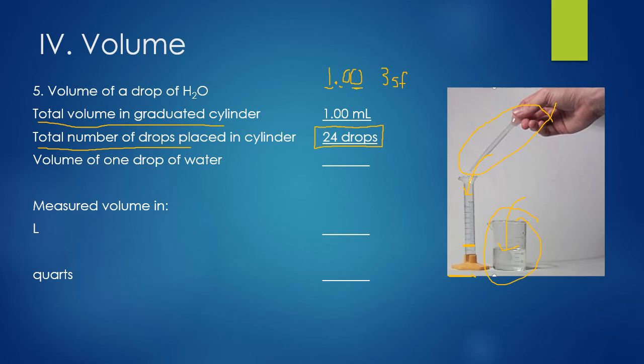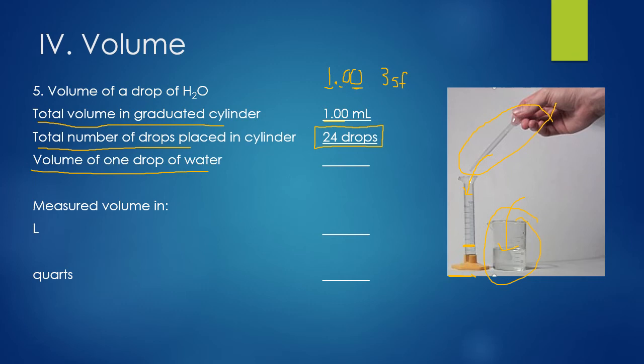The next one's blank, so you can guess that you need to do a calculation to figure out this next one. It's asking, what is the volume of 1 drop of water? Well, the volume of 24 drops is 1 milliliter, but I want to figure out the volume of just 1 drop.